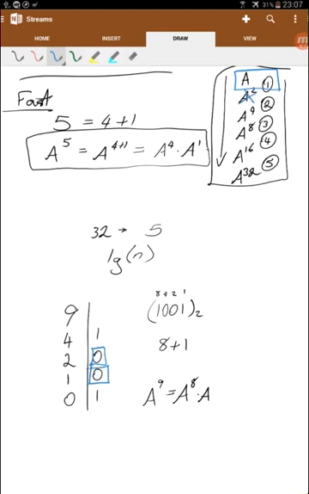The second 0 told us we didn't need to use a to the power of 4. And finally, the second one told us that we did need to use a to the power of 8. And so we can simply keep track of those as we go as our final total. And then once we get to the end, once we get a 0 and we know that we've completely represented our number in terms of binary, we're then able to say that we've calculated the final number.